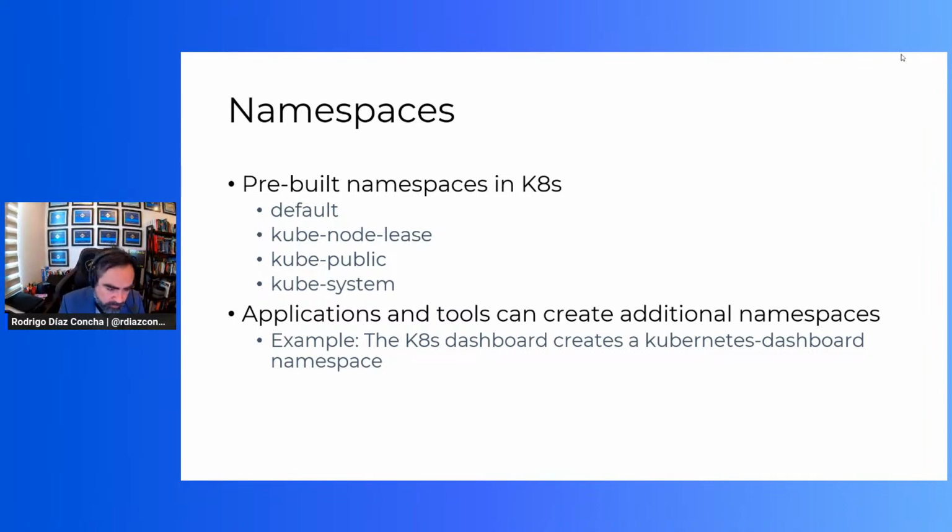Of course, if you create your own applications or you install additional tools or other components in your cluster, those applications or components can create additional namespaces. And actually, that happens all the time. For instance, maybe you enable the Kubernetes dashboard, the dashboard is going to add a new namespace in your Kubernetes cluster because it's going to deploy all the different components and pods and services and all the different things that it needs in that particular namespace.